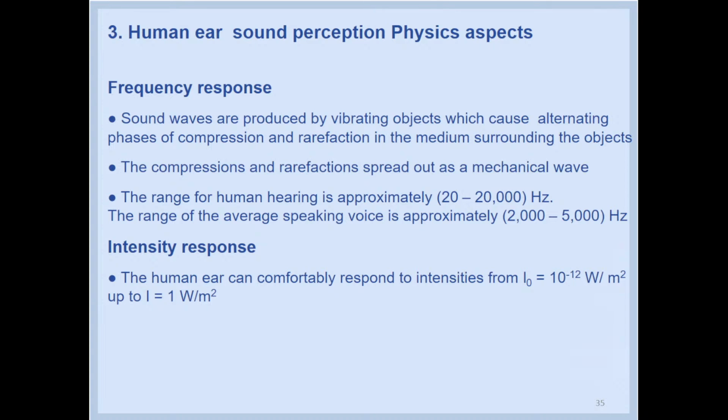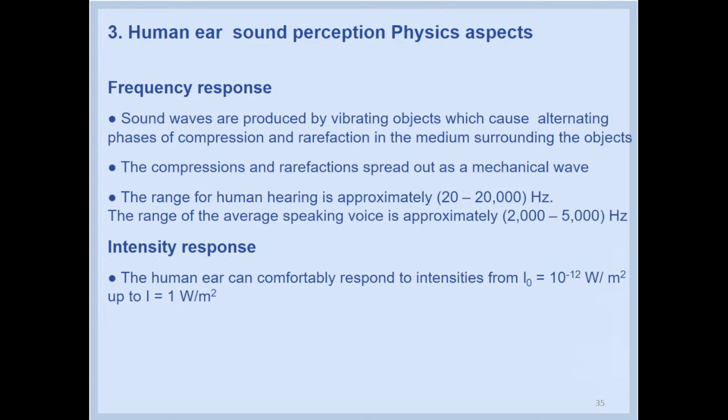First of all, look here. The sound waves are produced by vibrating objects which cause alternating phases of compression and rarefaction in the medium surrounding the objects. The compression and rarefaction spread out as a mechanical wave, you know already.